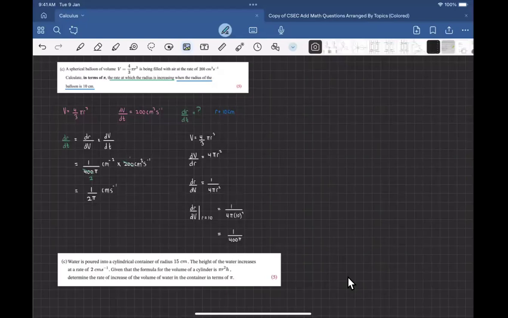The height of the water, which increases at a rate of 2 centimeters per second. And what is that? That's dH over dt, right? And they give you the formula for the volume of a cylinder. And what do you want me to find? The rate of increase of the volume of the water.